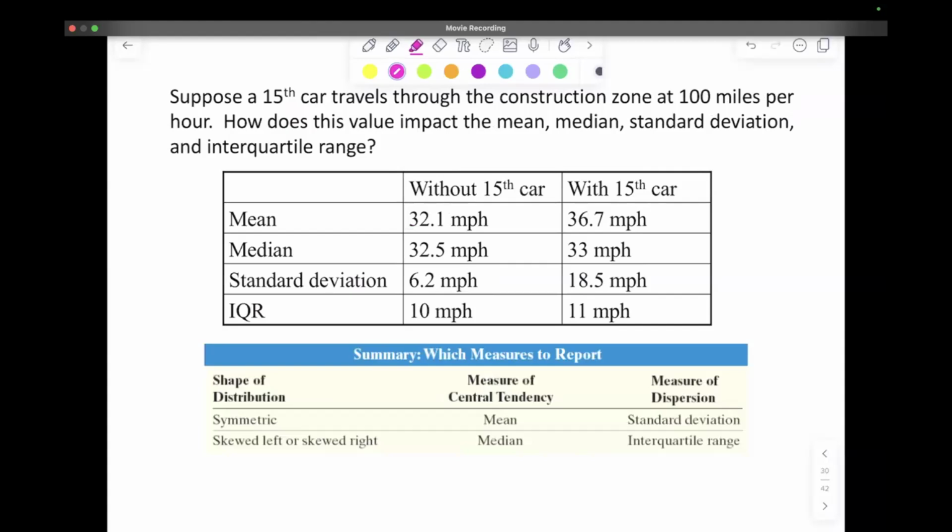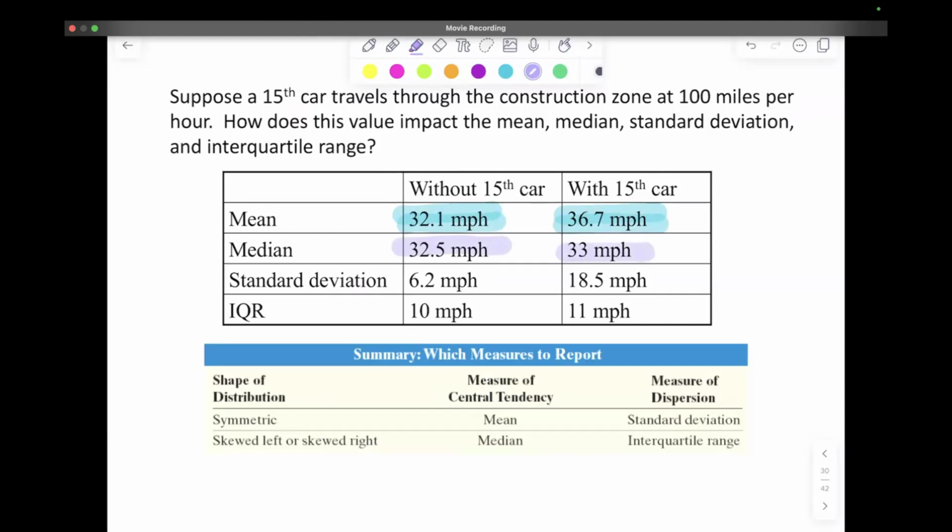So my mean without that 100-mile-an-hour car was 32.1. With that car, it went up by 4.6. It is significantly higher. But the median only changed by a half mile per hour.